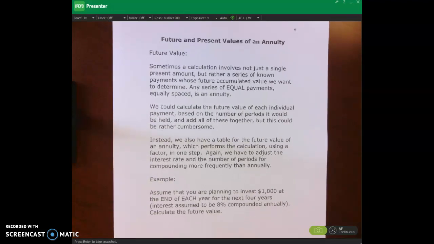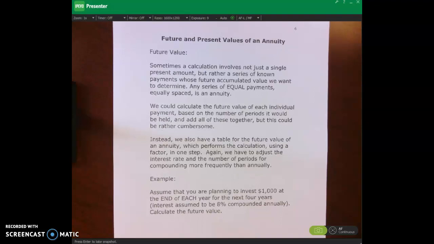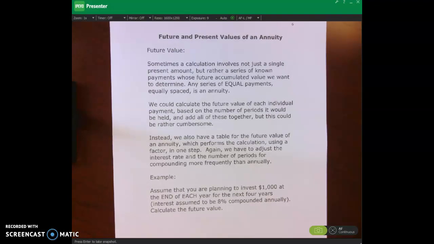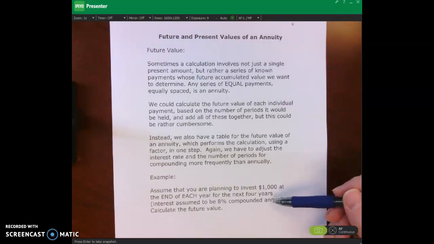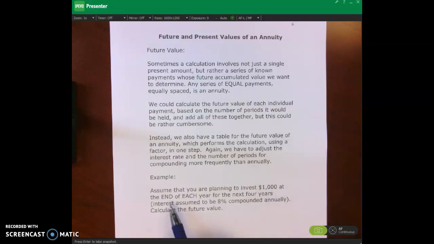So let's look at this example. It says, assume that you are planning to invest $1,000 at the end of each year. Calculate the future value. So how much will you have at the end of 4 years if you invest $1,000 a year at the end of each year? Now this is important to say, at the end of each year.